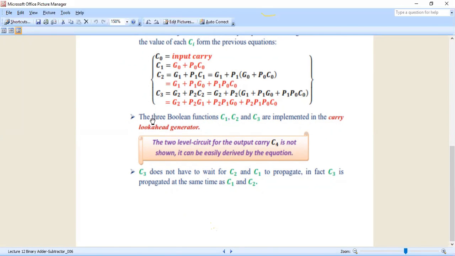By using these three Boolean functions, we implement the carry look ahead generator. We will not consider the C4 value or the two-level circuit for the output value. This is not shown; it can be easily derived from the equations.